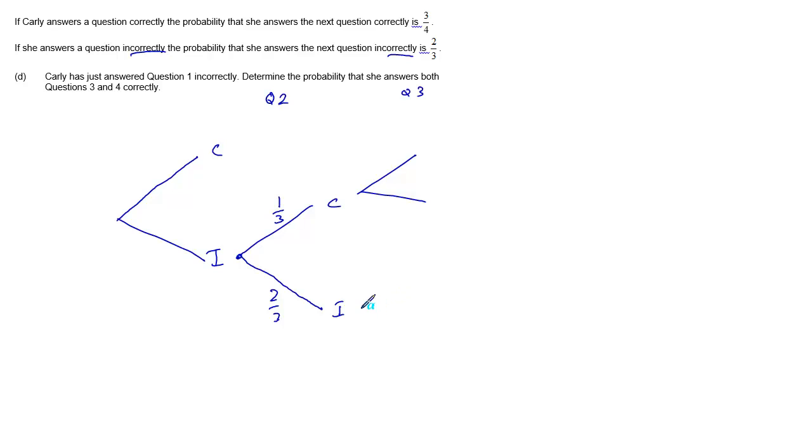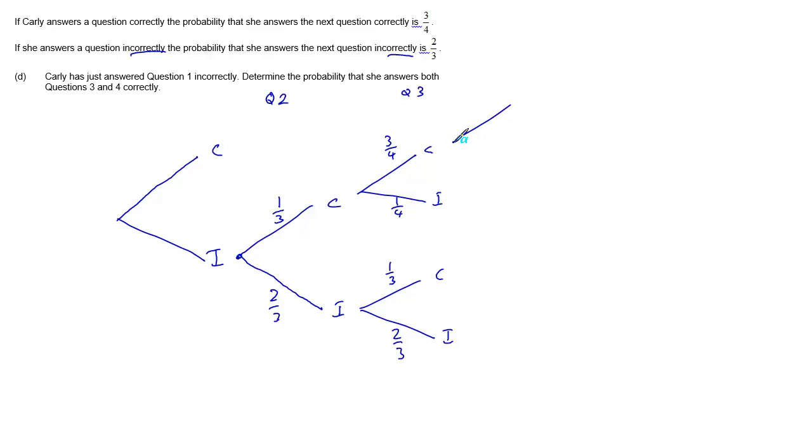So once again from there she could do either thing. So correct, incorrect, correct, incorrect. And if she's got here, so correct, this one would be 3/4 and this one will be a quarter. And down here this would be 1/3 and 2/3.